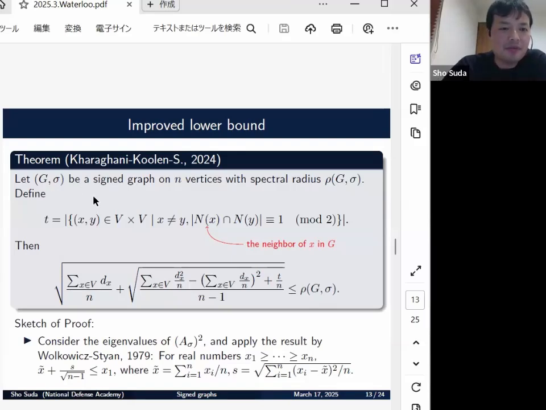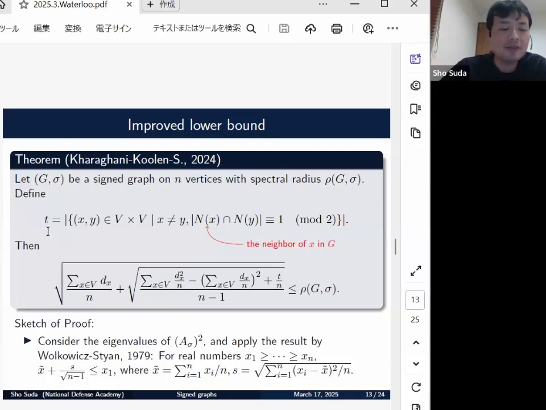G sigma is the same as before, just a signed graph on n vertices with spectral radius rho of G sigma. And in order to claim our inequality, we use this value t.